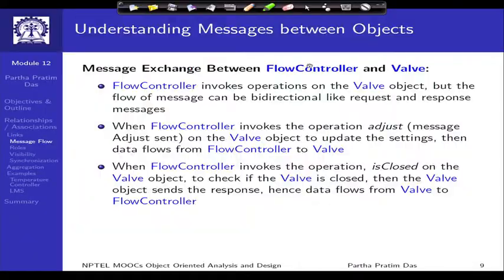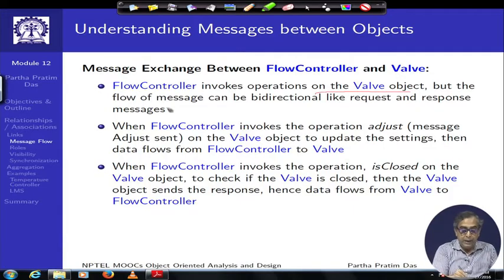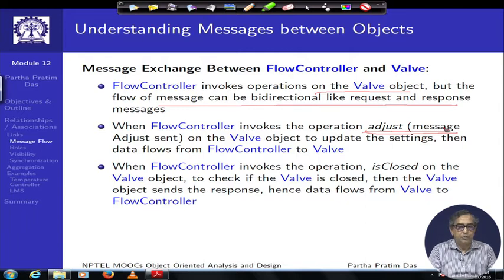So, if we look into the messages that are exchanged, the flow controller invokes the operation on the valve object. Here again, please note that the message can be bidirectional. Say if it is adjust, then possibly the flow controller will simply say okay, adjust, increase it by 2 units, decrease it by 3 units, something like that.